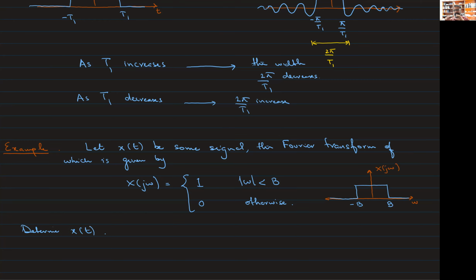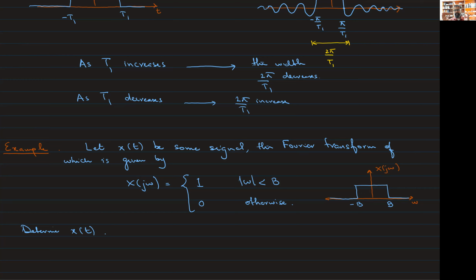Now, as far as this x of j omega is concerned, compared to all of the other signals that we've considered, the Fourier transform for this signal is only limited between minus b radians per second and plus b radians per second, right? In between that.